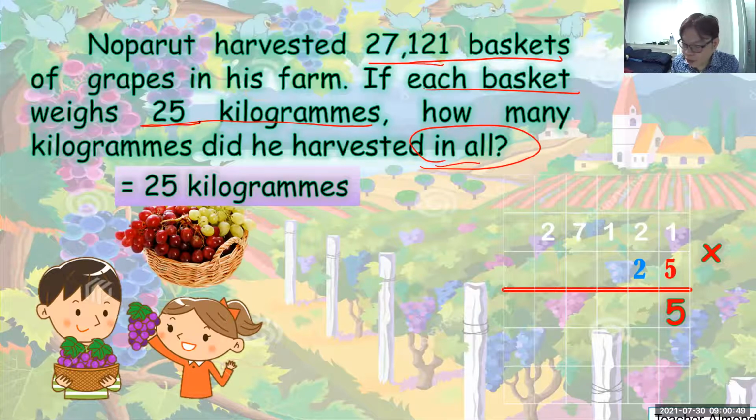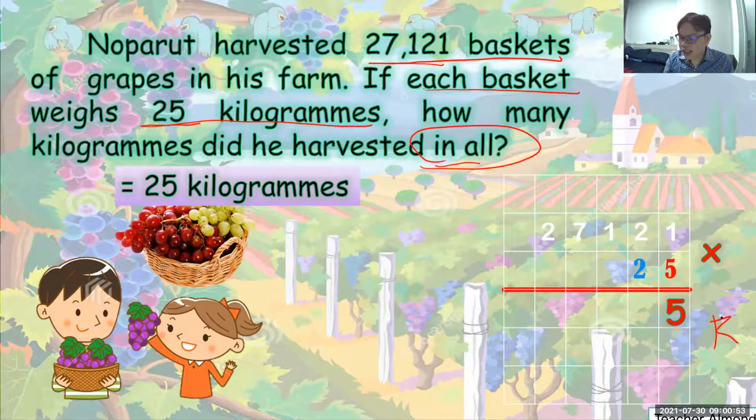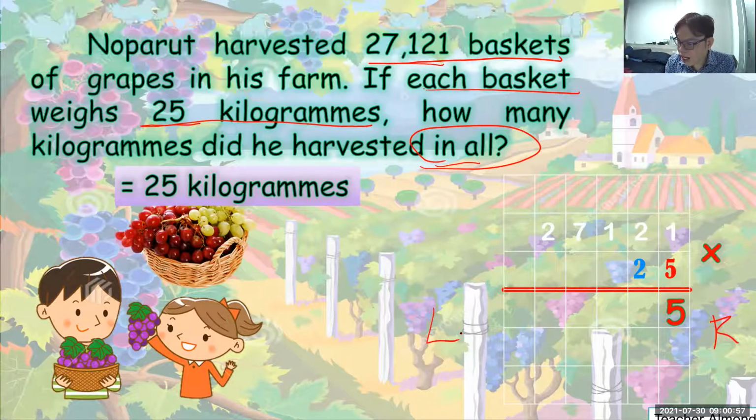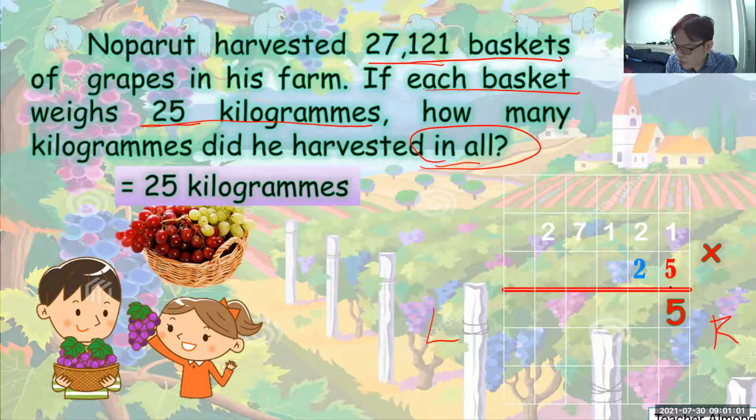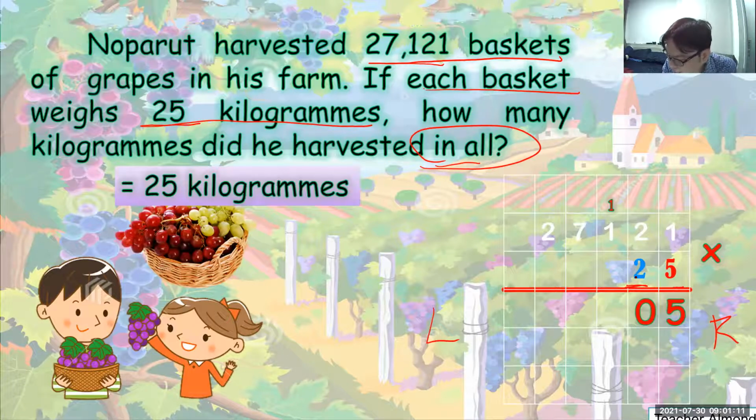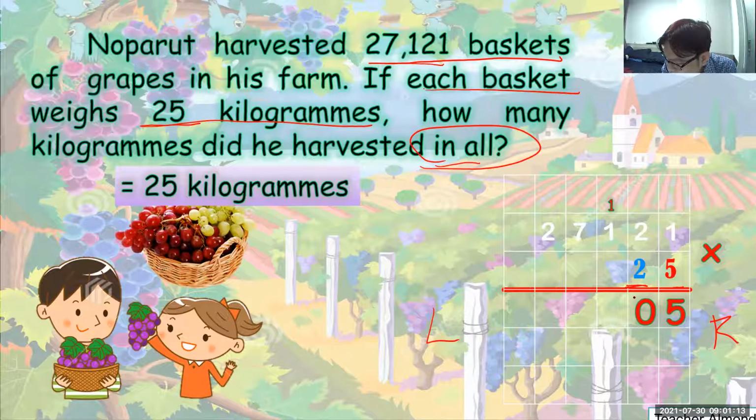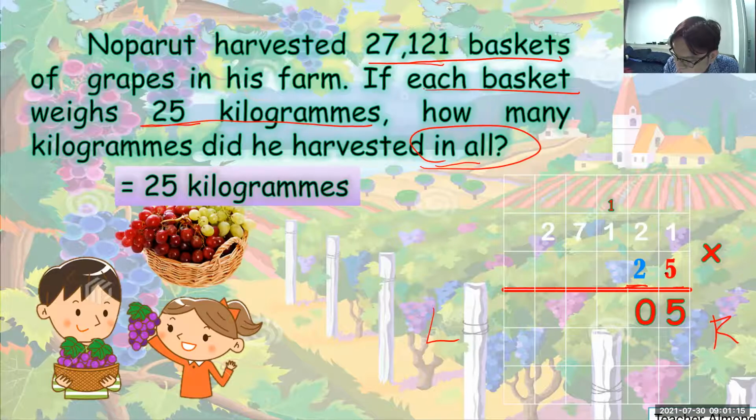Now remember, the approach is from right to left. If there are 2 digits, we start with ones first, then tens place. So 5 times 1, that is 5. 5 times 2, that is 10. So we cannot write 10 here. So we write 0, drop down 0, and then 1 carry over.